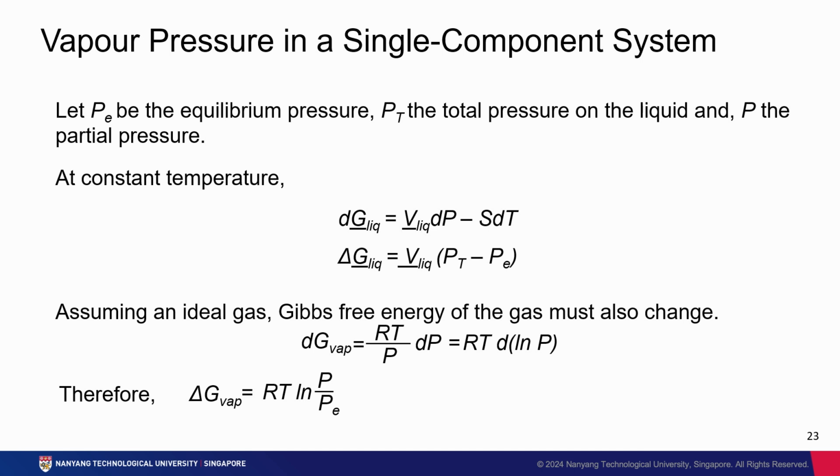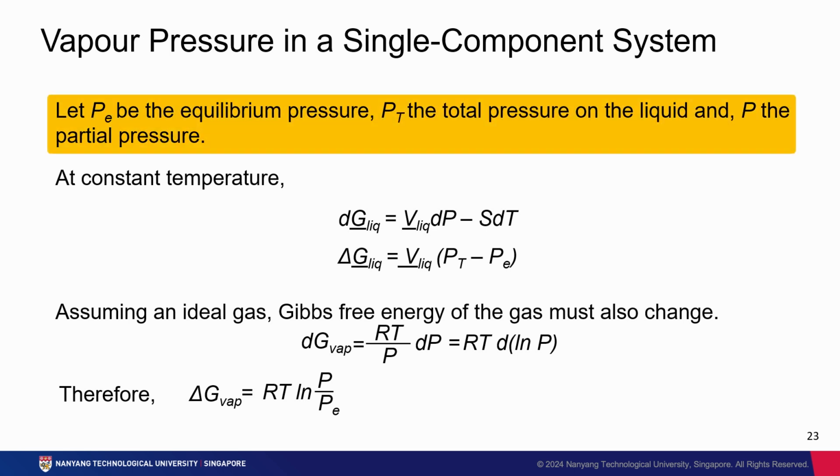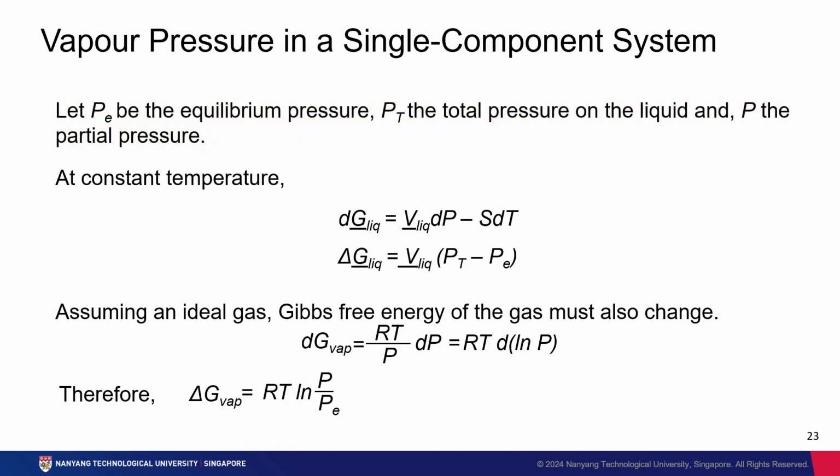So let's see how we can calculate the change in Gibbs free energy during condensation and evaporation. Let's allow PE to be the equilibrium pressure, PT the total pressure in the liquid, and P the partial pressure. Taking this very familiar formula by now, dG equals V dP minus S dT, we can express the change in Gibbs free energy for the liquid as this equation.